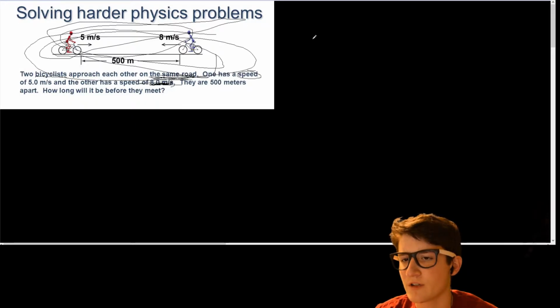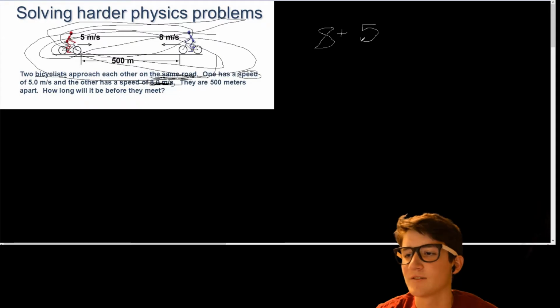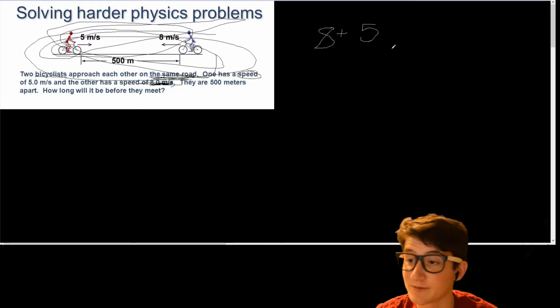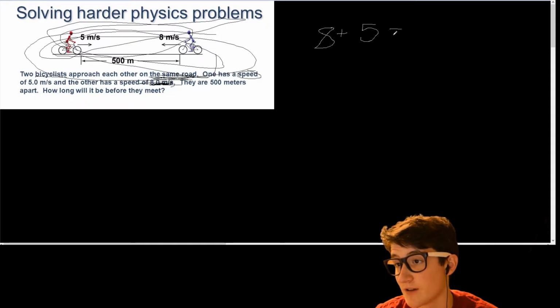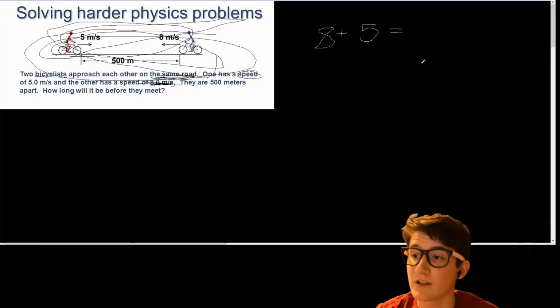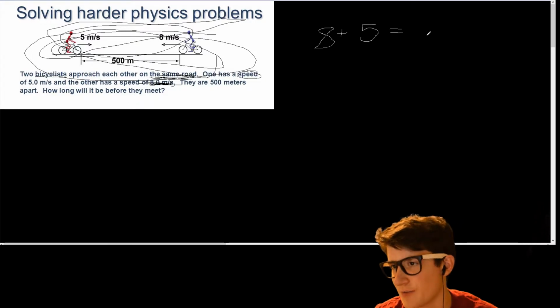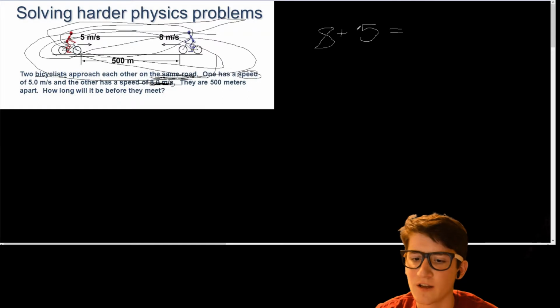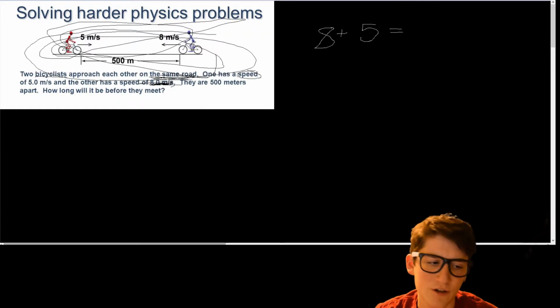Okay, so what I'm going to do is add up 8 plus 5. 8 plus 5 equals, and then you get out your calculator at this point.